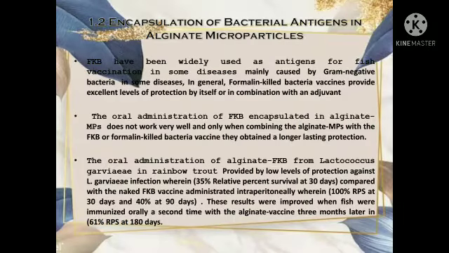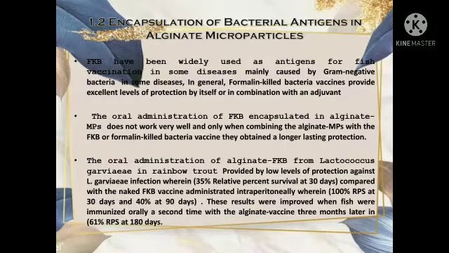The oral administration of formalin-killed bacteria encapsulated in alginate microparticles does not work very well, and only when combining the alginate microparticles with the formalin-killed bacteria vaccines they obtained a longer lasting protection.